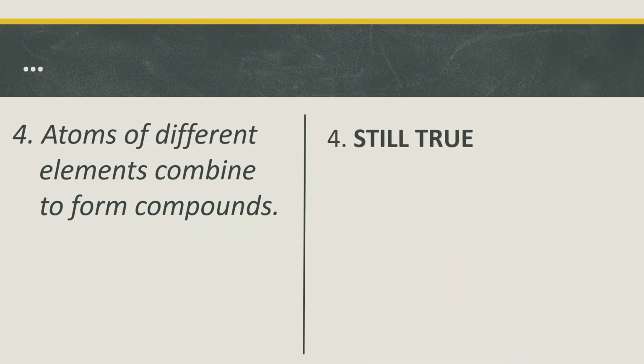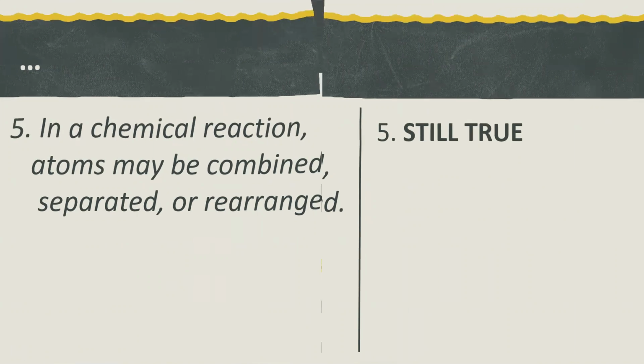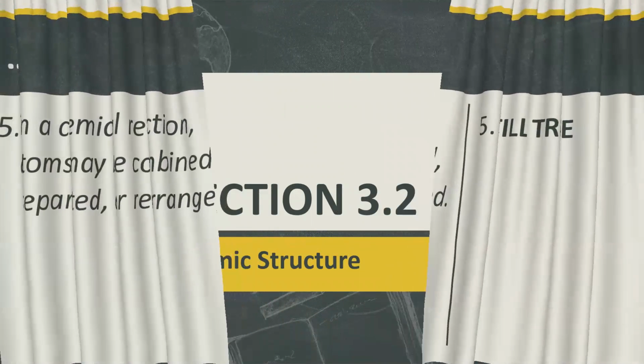That is definitely still true. And number 5, you get chemical reactions by combinations or separations or rearranging of atoms. That is still true. So overall, he was pretty correct given the limited technology he had. And that is the end of this lecture, 3.1.